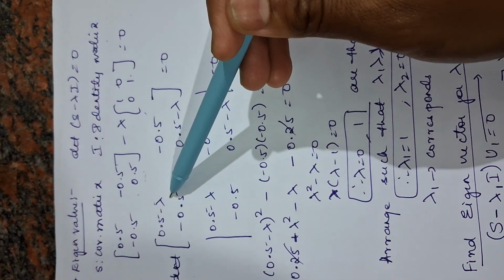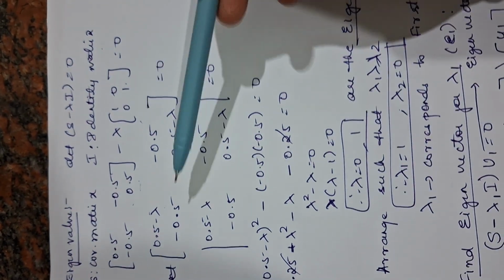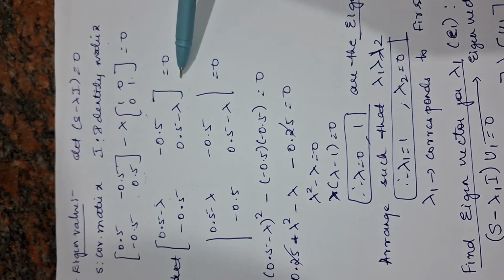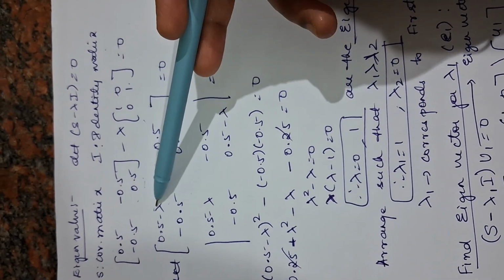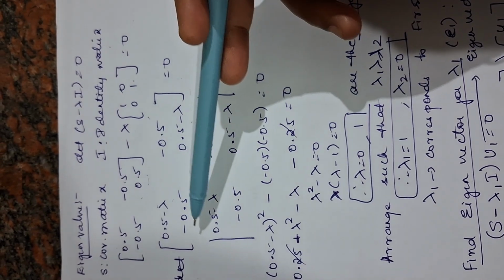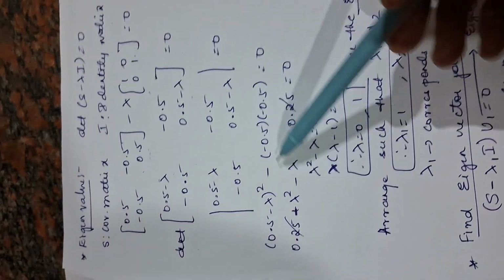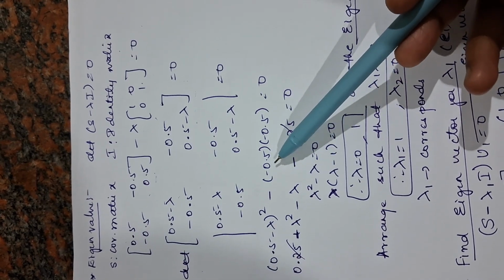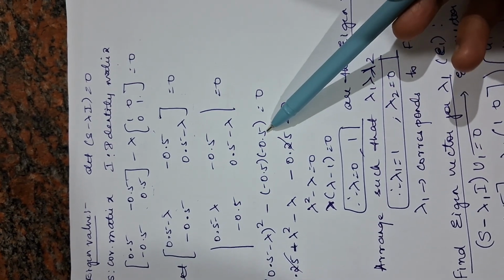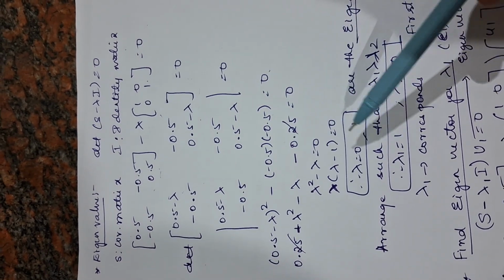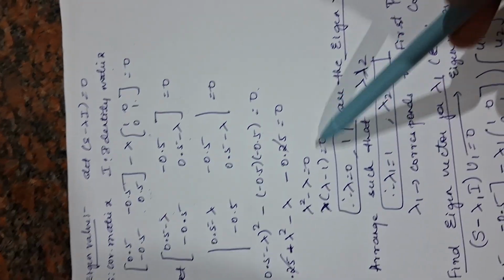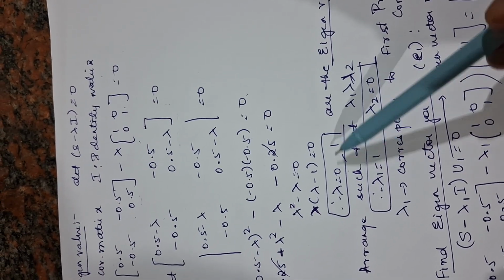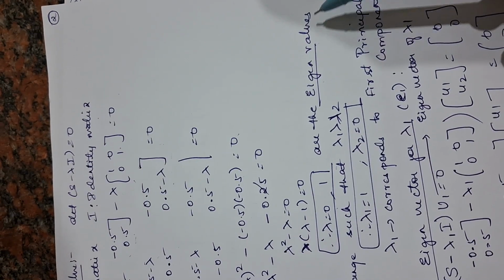So that is 0.5 minus lambda, and this is minus 0.5, this is minus 0.5, 0.5 minus lambda. To find the determinant, multiply this with this minus multiply this with this. So this is what you get: 0.5 minus lambda whole square minus 0.5 into minus 0.5 is equal to 0. When you solve this, you get this equation, and you are able to solve for lambda easily. You get lambda is equal to 0 and 1. So these are the eigenvalues.